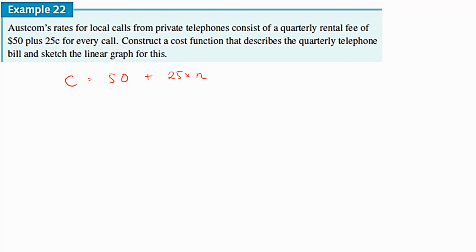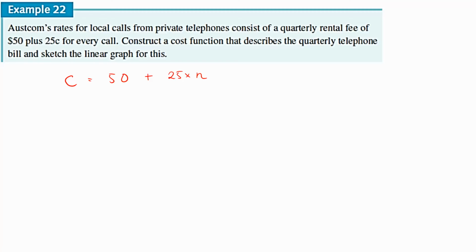Now what have I done wrong? So it sounds right. I said $50 plus 25 cents for every call. Where have I gone wrong? Meredith. It should be 0.25. Why is that, Lucy? Because it's cents, boys. Because it's cents, not dollars. See, the difference is when you're working with application questions, it has to make sense.